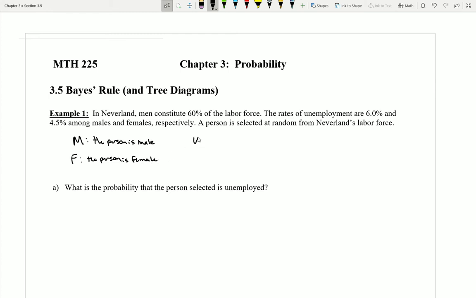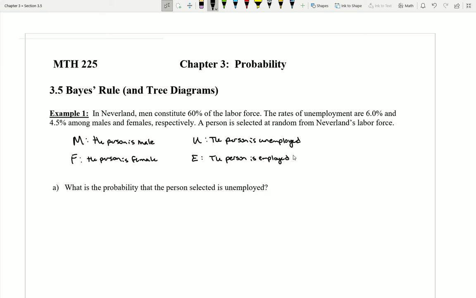We can use U to say that the person that we select is unemployed. And therefore we could use E to mark that the person that we've selected is employed.